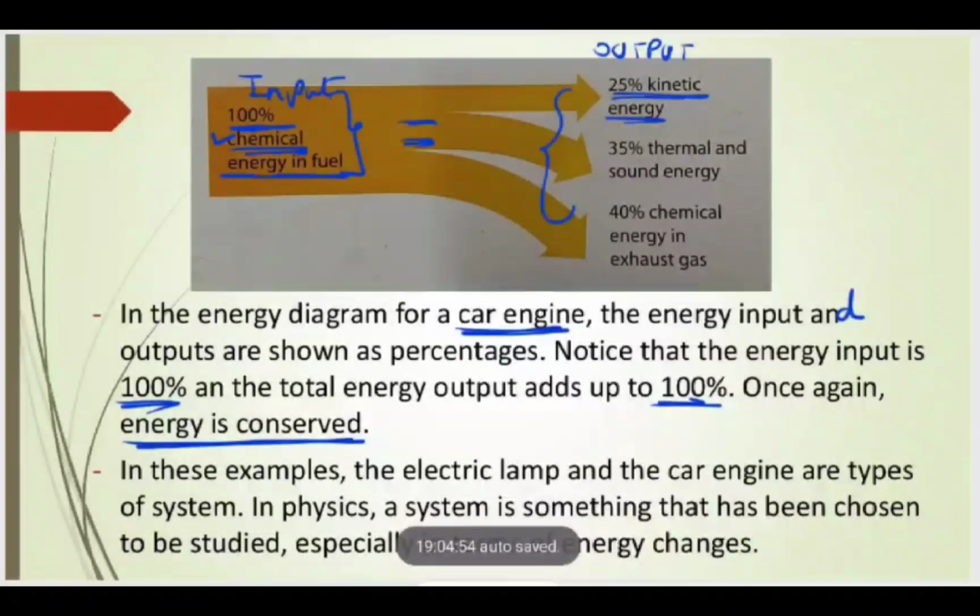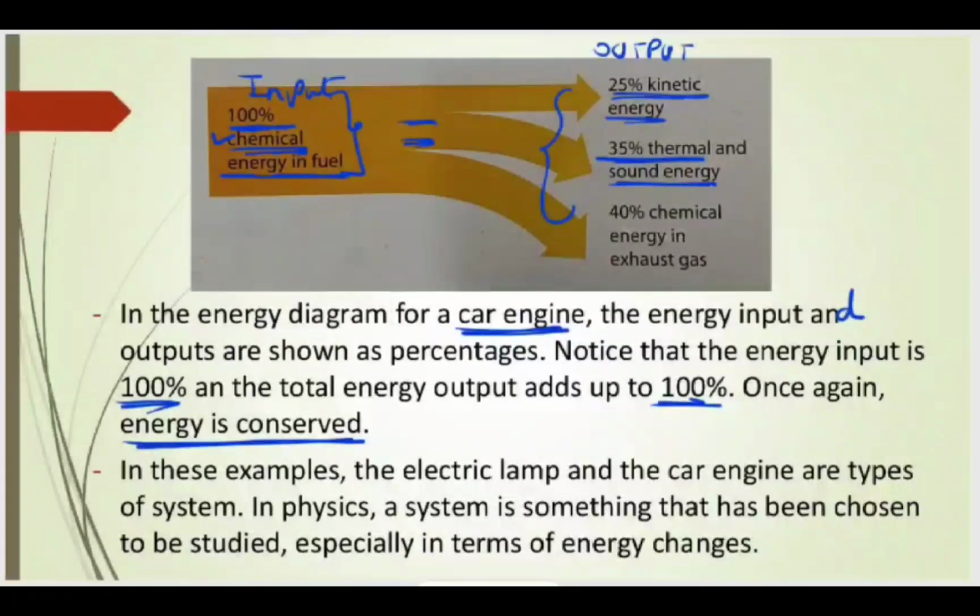We are left with 75%, out of which the car heats up and makes a moving noise, so 35% is given out as heat energy and sound energy. Every car makes a sound.